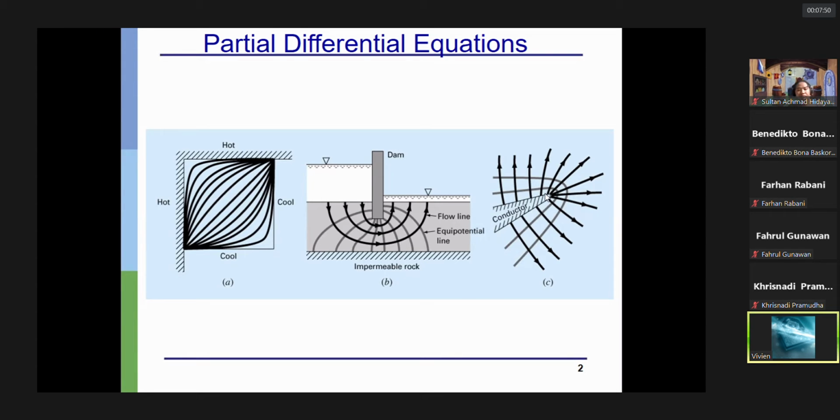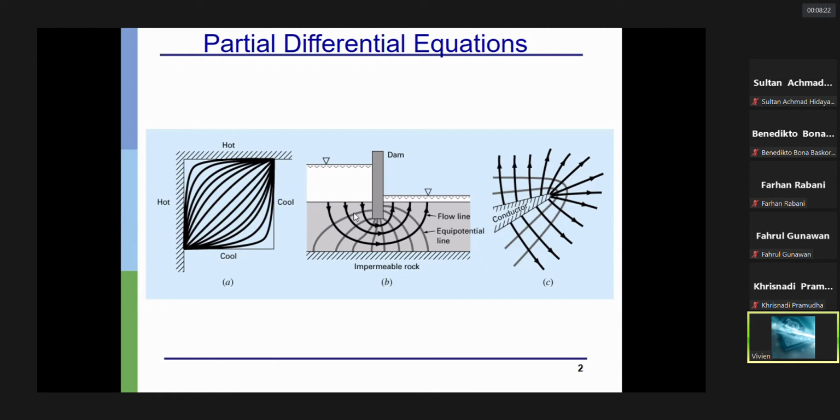Also, for example, we have a dam with liquid water at different heads. The difference in the level of the fluid will cause the fluid to flow through the impermeable rock, through the rock formation, to the lower energy side on the right.